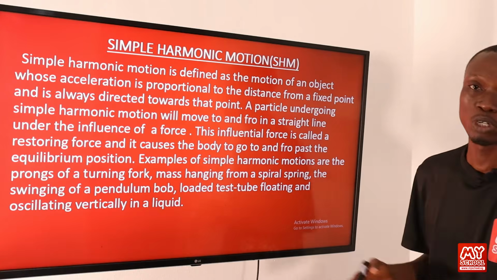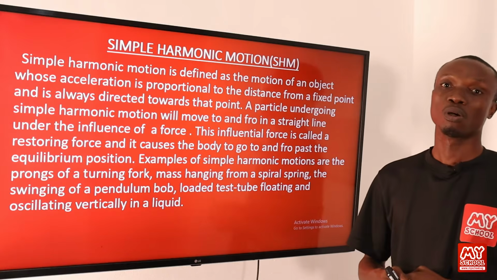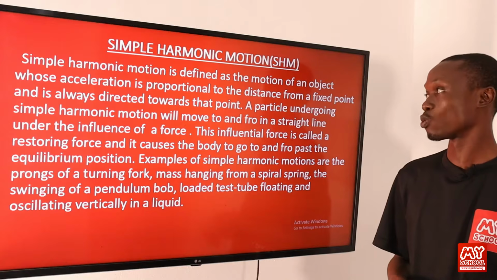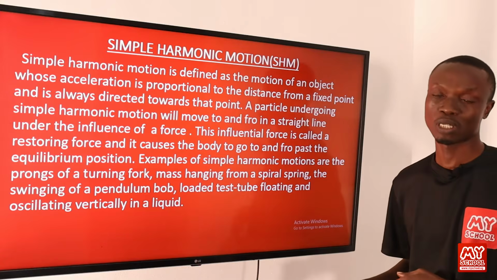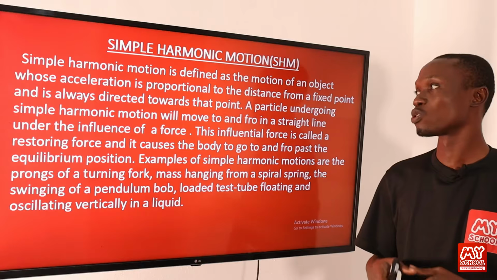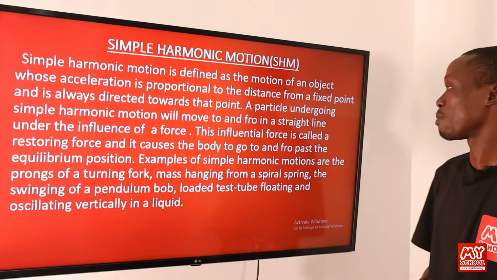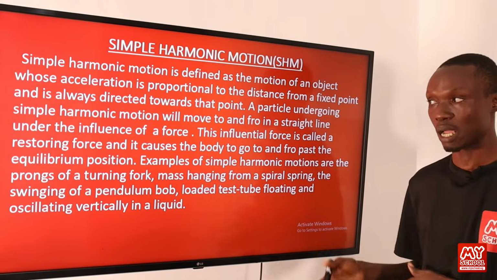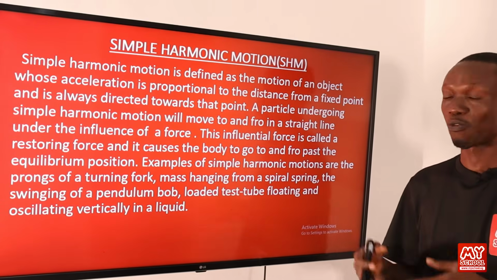So we define simple harmonic motion as the motion of a body whose acceleration is proportional to the distance from a fixed point and is always directed towards that point. A particle undergoing simple harmonic motion will move to and fro in a straight line under the influence of a force.